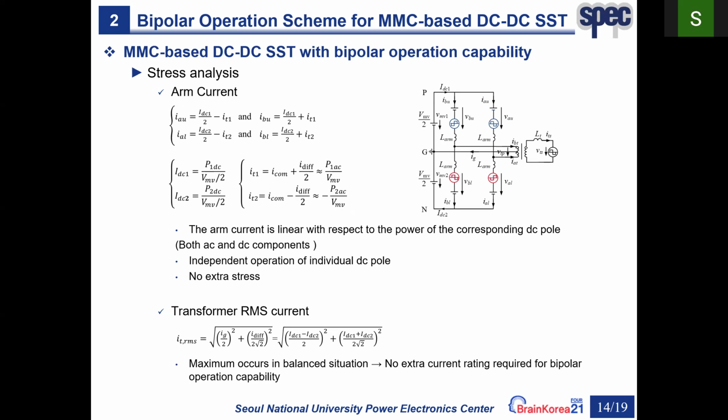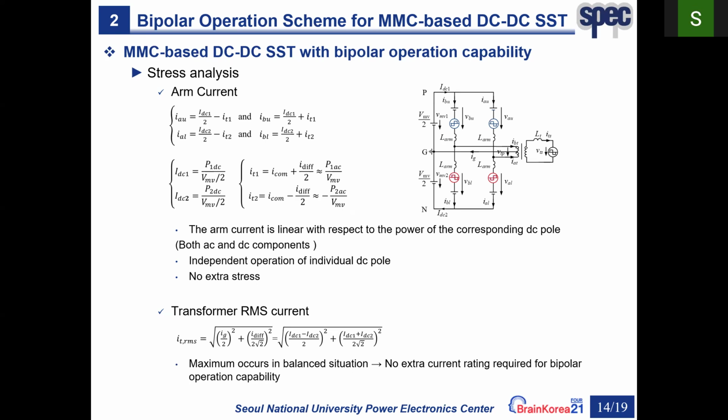Therefore, by manipulating the DC and AC components of the arm current, the positive and negative poles can realize fully independent operation. Moreover, no additional current stress is imposed on the semiconductor devices as long as the maximum transfer power is the same as the monopole operation.